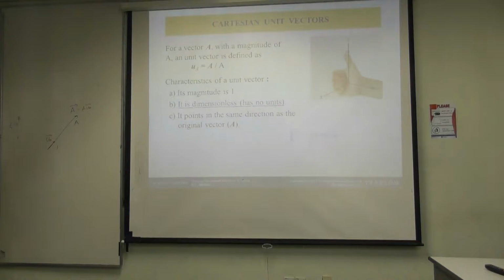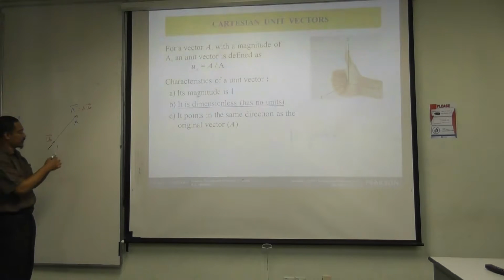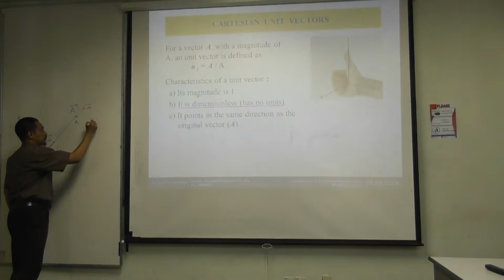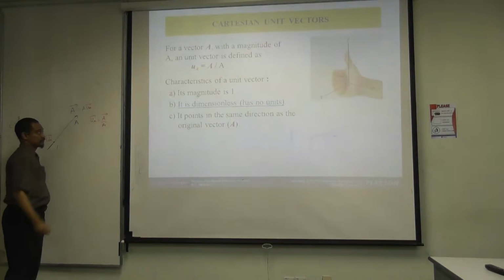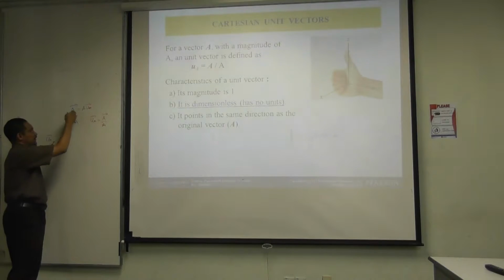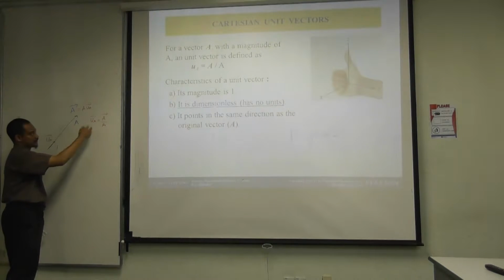So the characteristic is such: the magnitude is 1, and if you take the square root of the sum of the squares of the x, y, z components, you should get 1. It is dimensionless, because if you rearrange, you get UA is A over A. So if A is in meters, this is meters, and the units cancel.